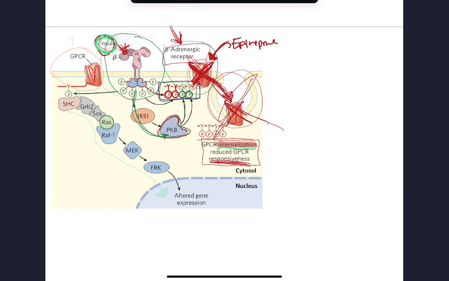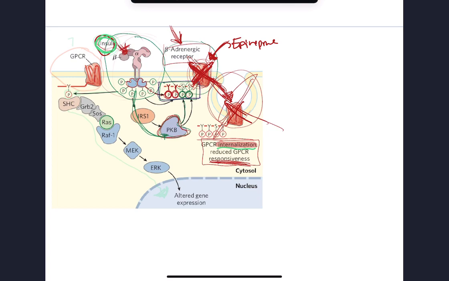Okay? Now, alternatively, this can happen in the other way. This can go the other way. So if the insulin receptor catalyzed phosphorylation of a GPCR on the terminal tyrosine creates the point of nucleation for activating the MAPK cascade, right?